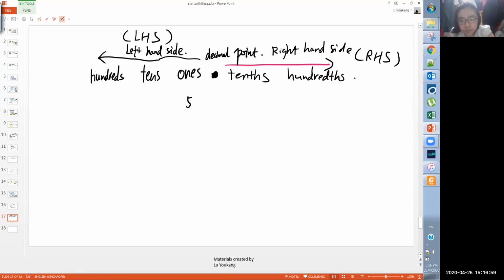Then further to the right is called the thousandths. Okay. So this is what you need to remember. The left hand side of the decimal point, ones, tens, hundreds, and subsequently. And then the right hand side of the decimal point, you start from the tenths, hundredths, and thousandths. Okay.